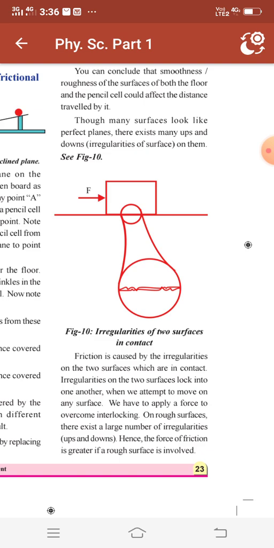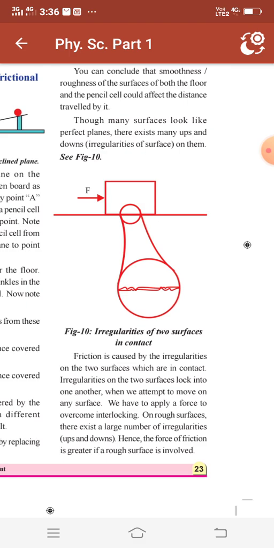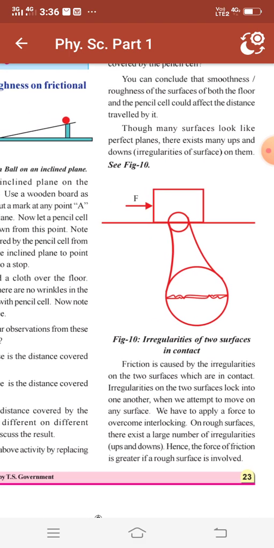We have to apply a force to overcome the interlocking. On rough surfaces, there exists a large number of irregularities, that means ups and downs. Hence, the force of friction is greater if a rough surface is involved.